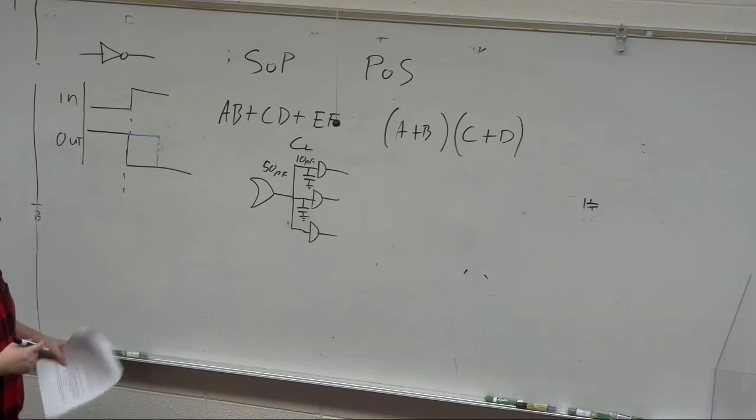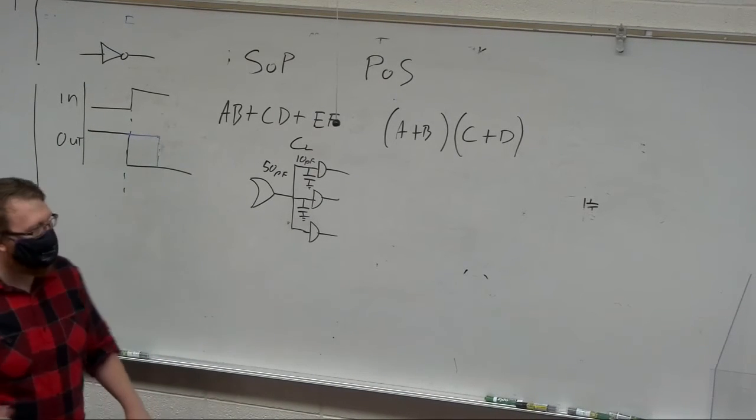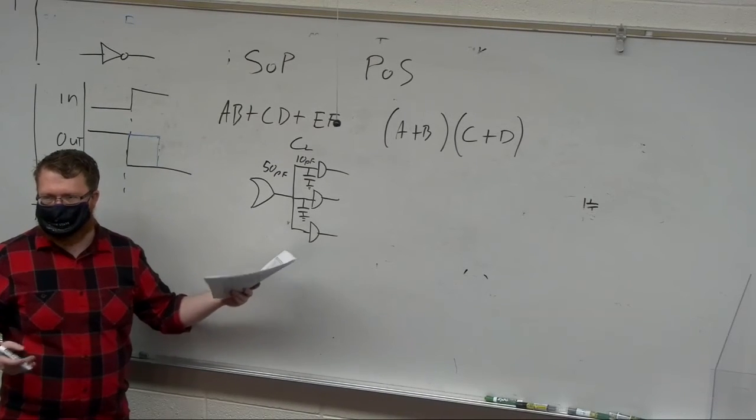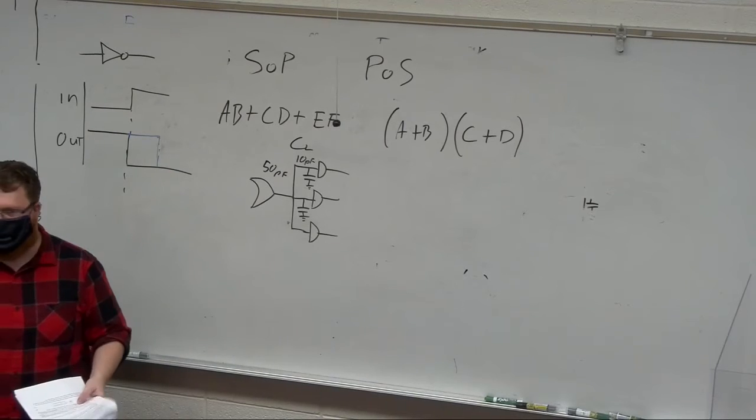There's another issue that some of you have seen in labs as well, where in an ideal situation these gates don't take in any current. But they're real devices, so they do have current.